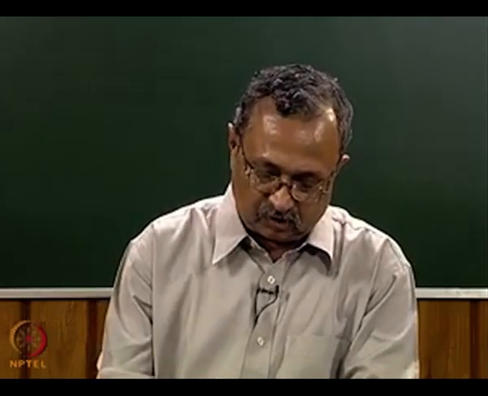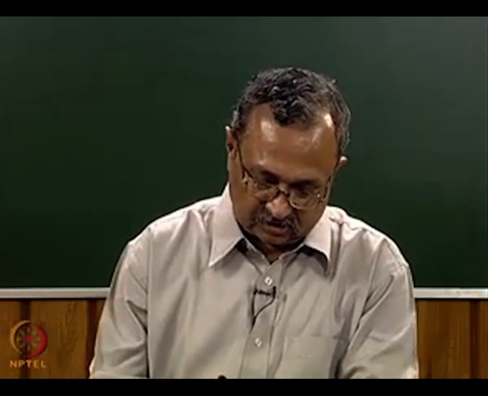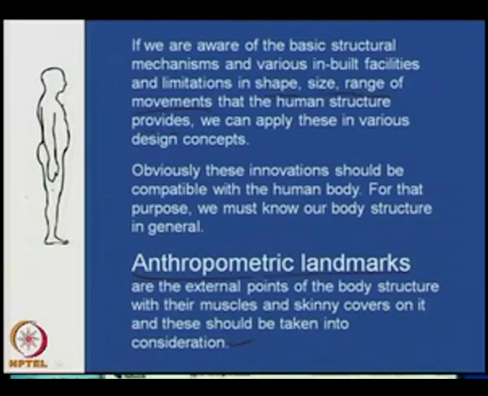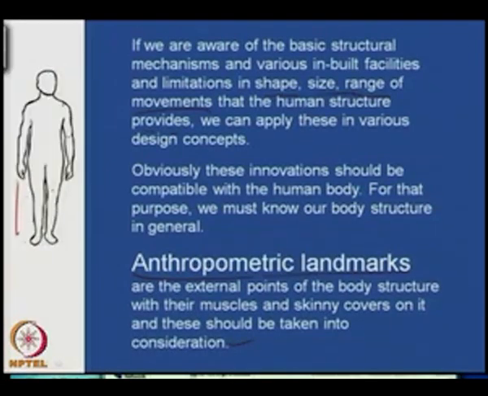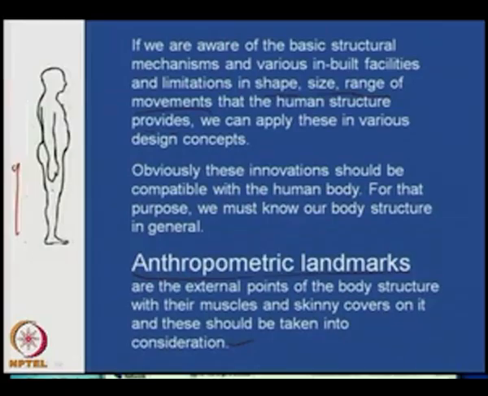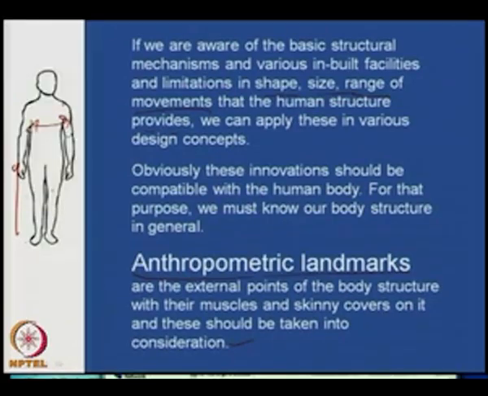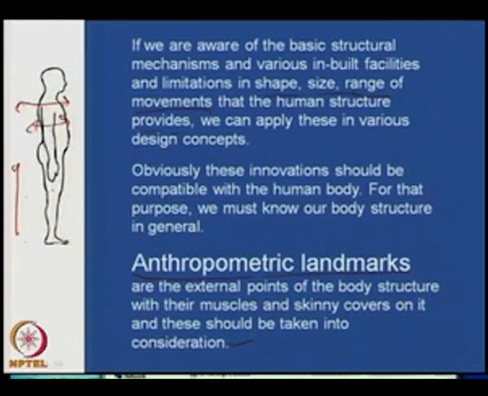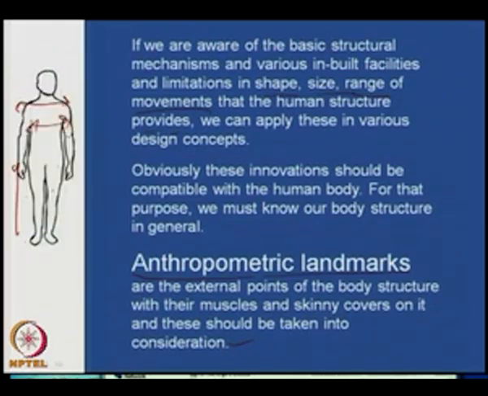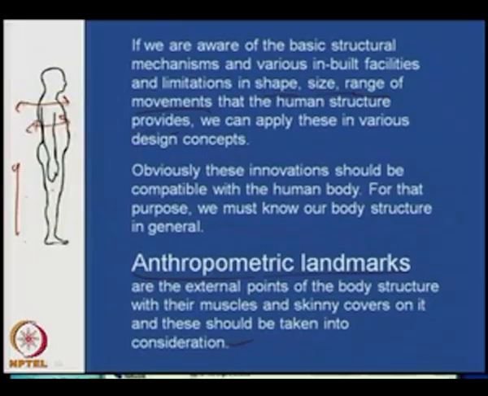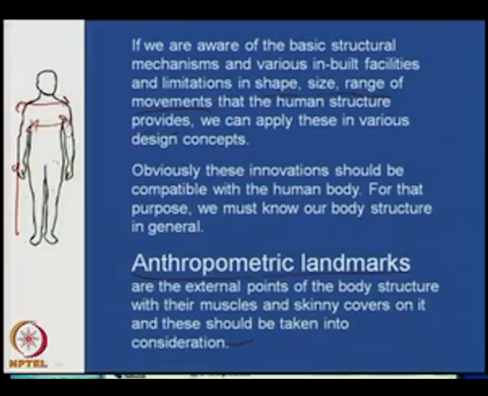So, the height, length, depth and then breadth etc., are the different anthropometric parameters, and these different points in the body are the landmarks that we are going to discuss in the next session in detail.